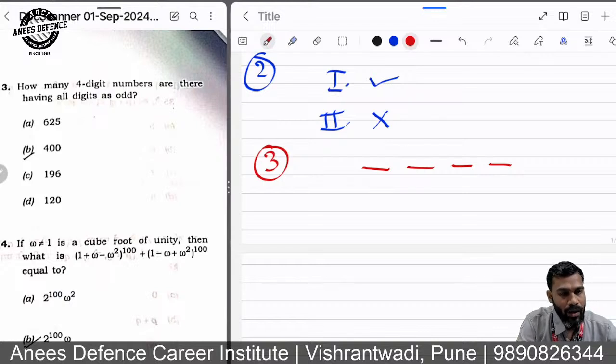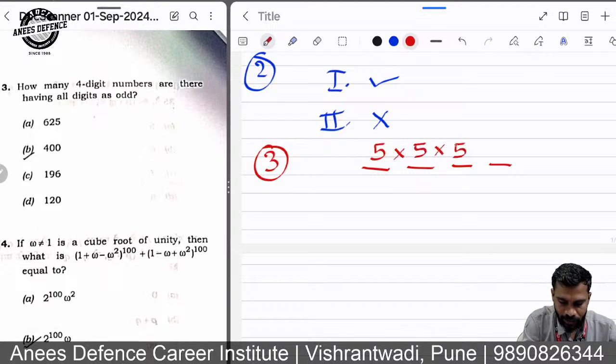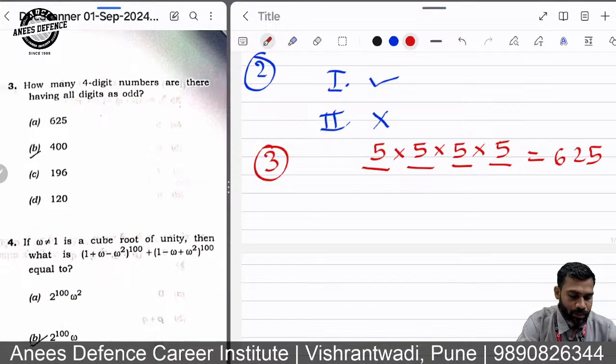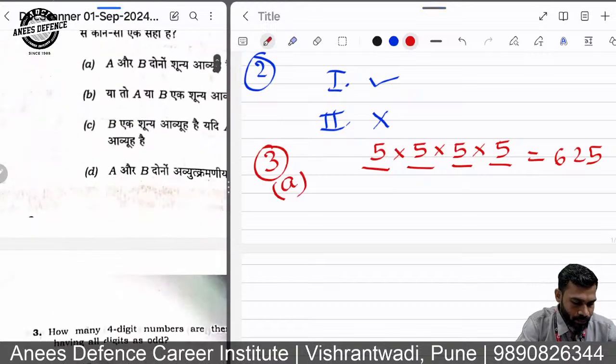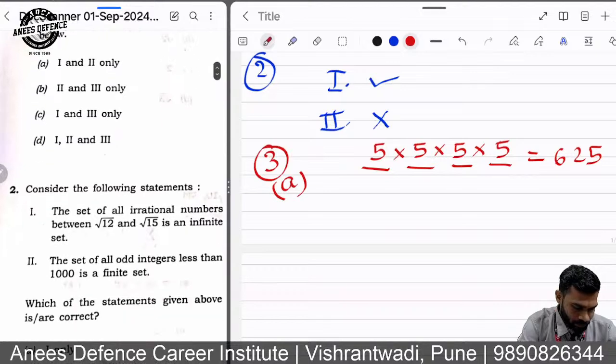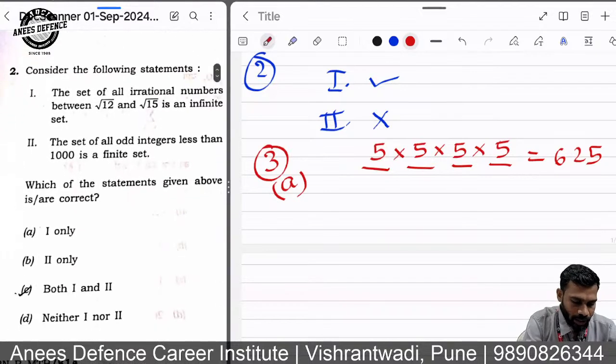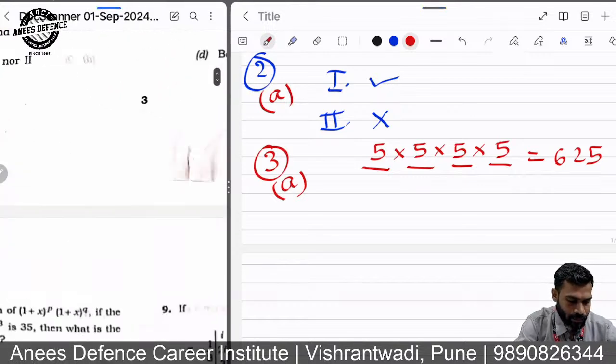And repetition is allowed as it is not prohibited in the question. So we can have 5 choices at each place. 5 into 5 into 5 into 5, that is 5 raised to 4, which will be, of course, 625. Very easy. So that was question number 3. Option A is the right answer. For question number 2, which option is correct? Only option A. Okay.